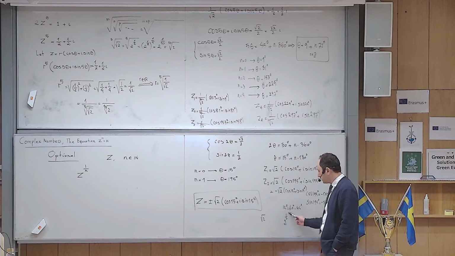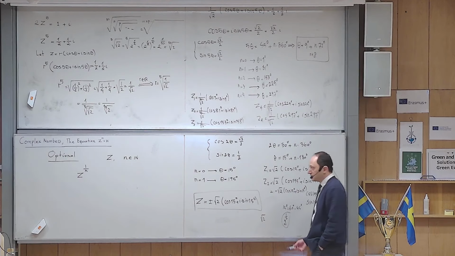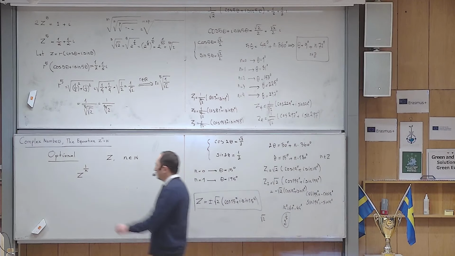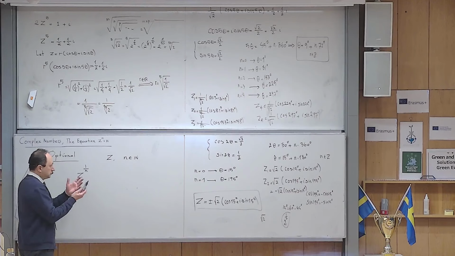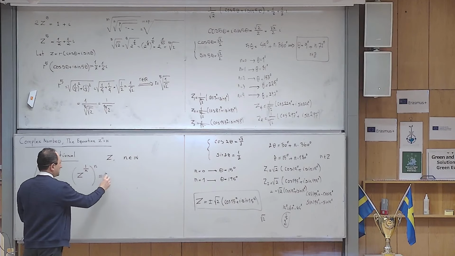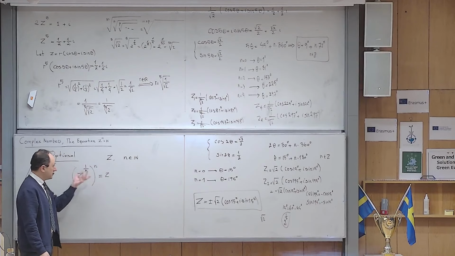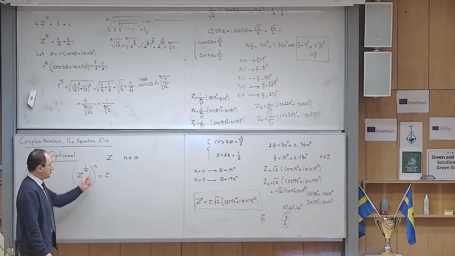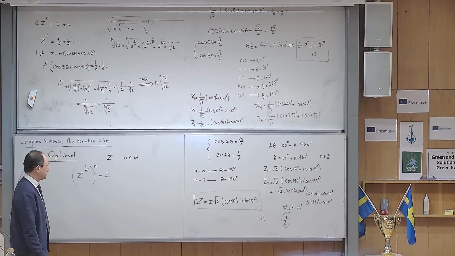That number is symbolized by this symbol. So in the same sense, z to the power of 1 over n should be the number whose nth power is z. Okay? This is the idea to define this symbol. We say this is something whose nth power is z.